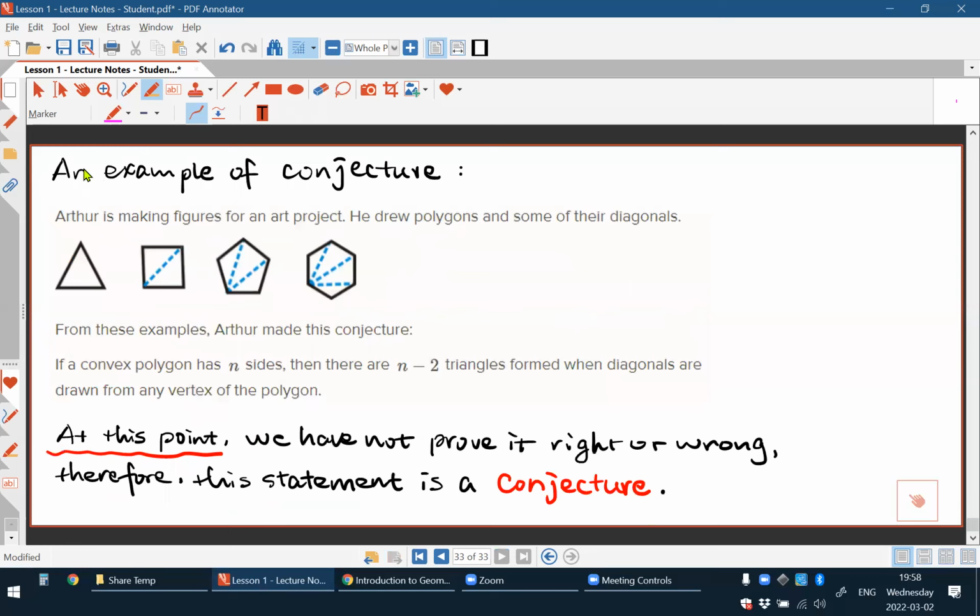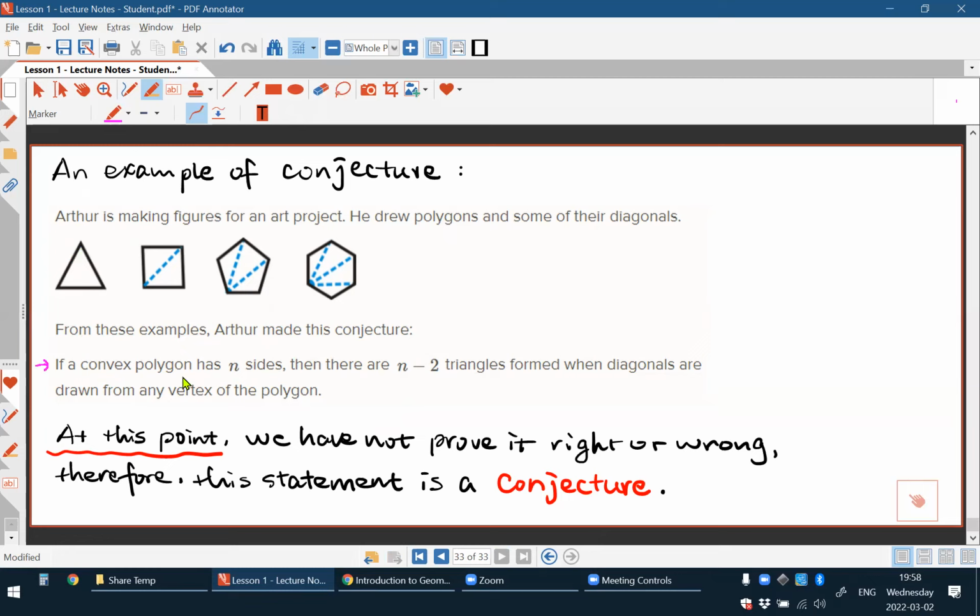And next, let me give you an example of a conjecture. For example, a person named Arthur is making figures for an art project. He drew polygons and some of their diagonals. From these examples, Arthur made this conjecture. So this is a statement, right?